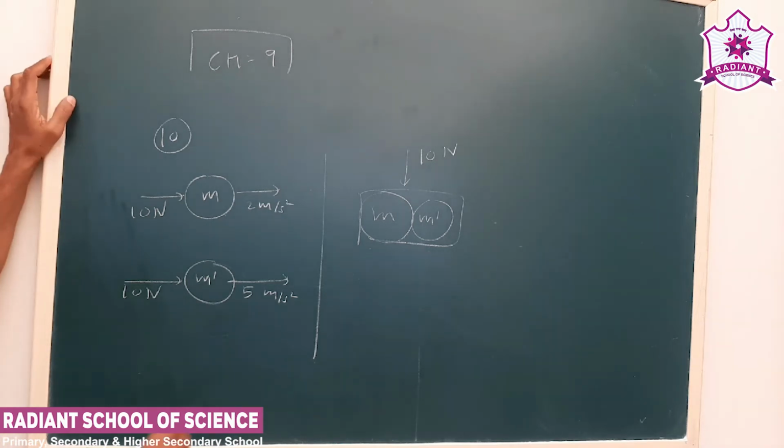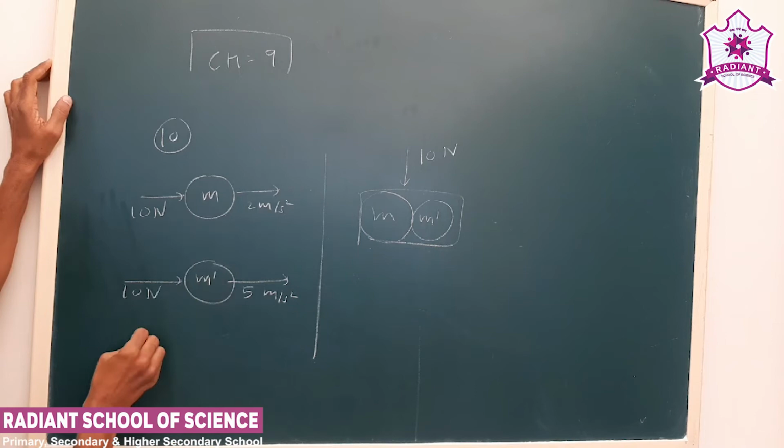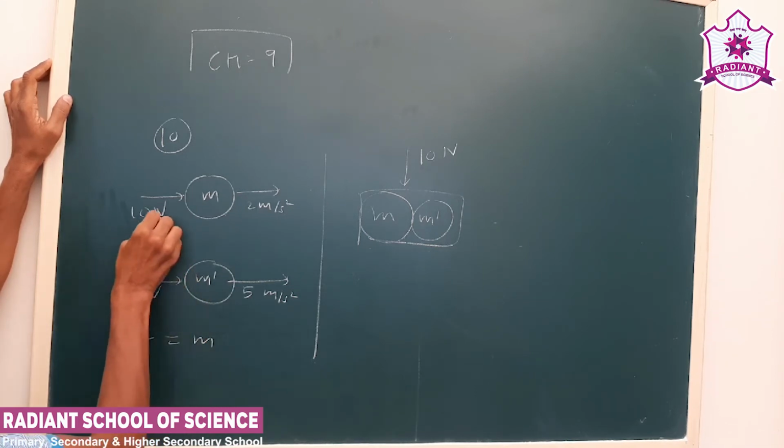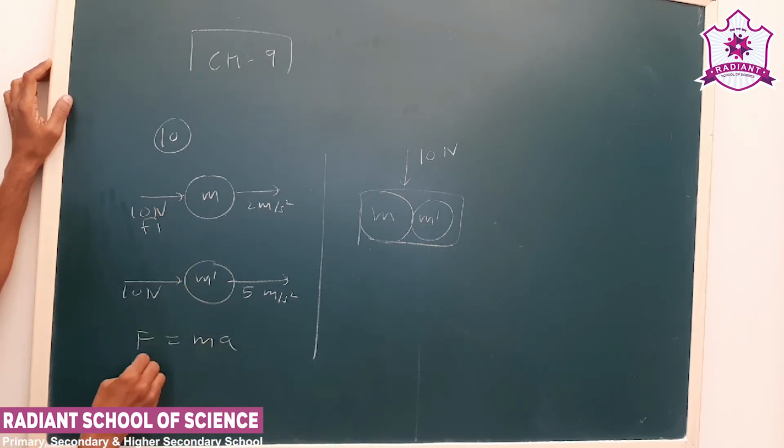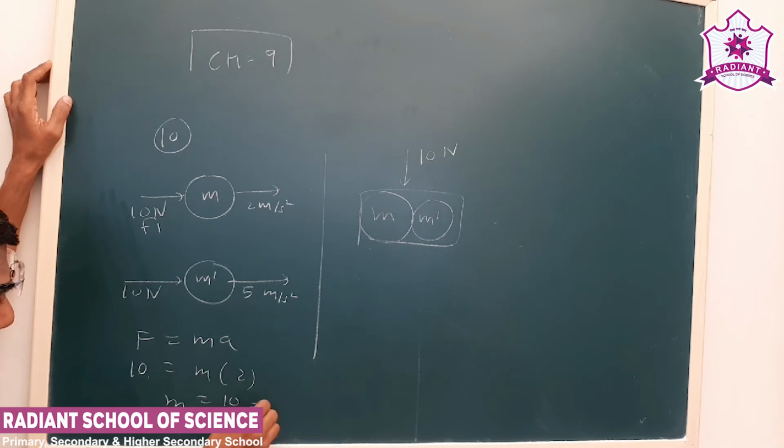Now see, let us say the first mass is m. We use the equation F equals ma. F is 10, a is 2, so m is 5.